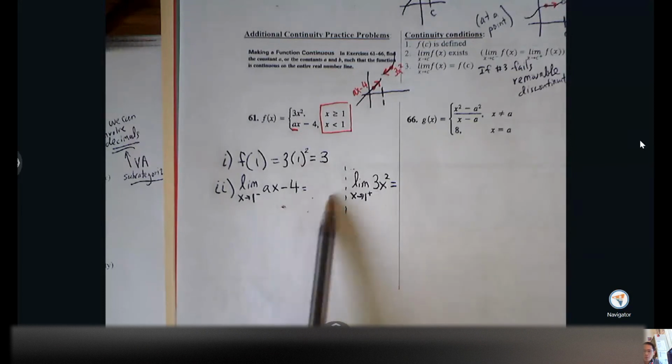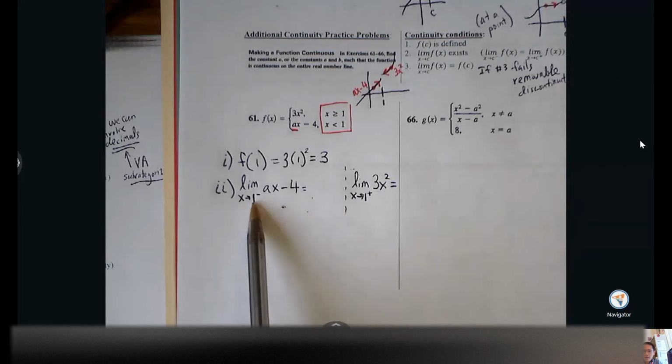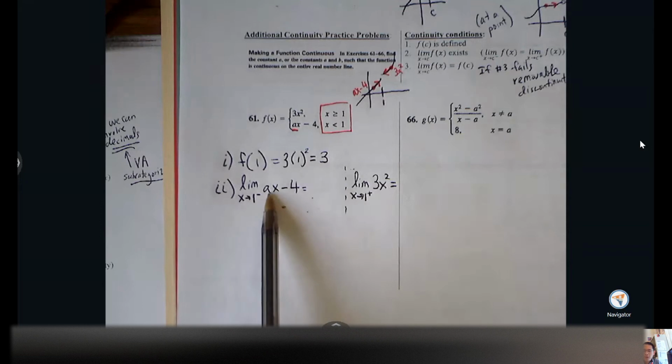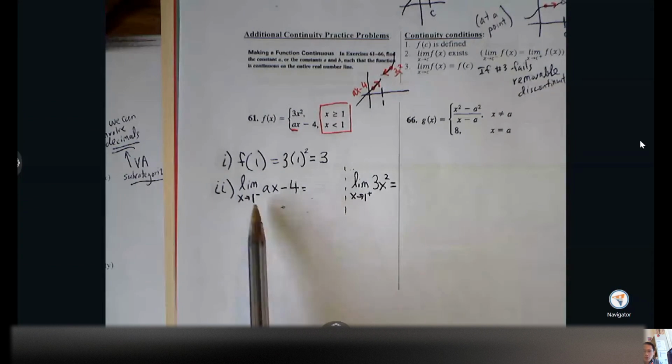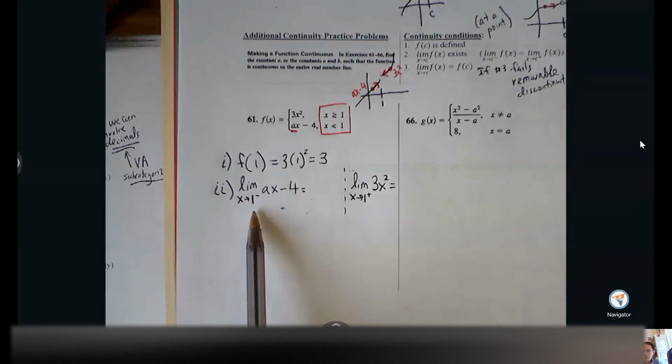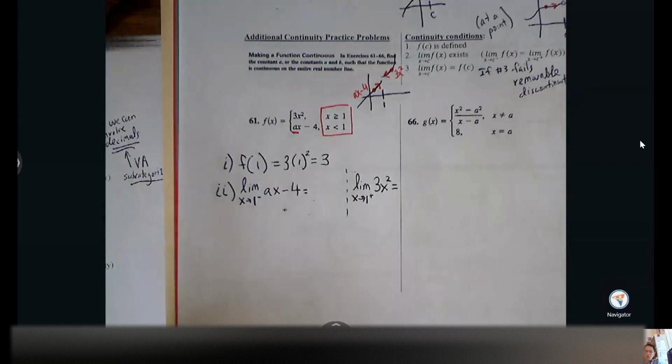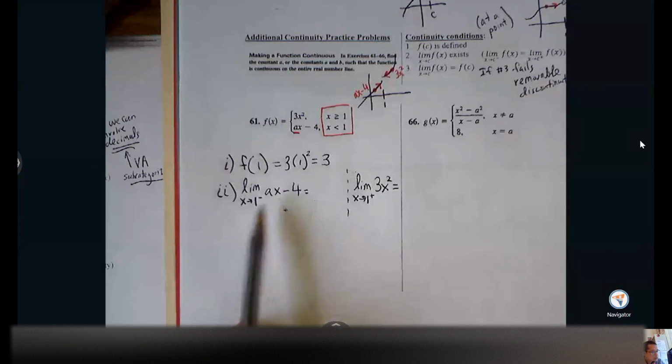So we never want to play with decimals to begin with, right? We just want to plug in that whole number because if the limit exists, there's no need to do anything more. The one-sided limit is going to be in agreement with the real limit as x approaches 1. So we plug 1 in for x.